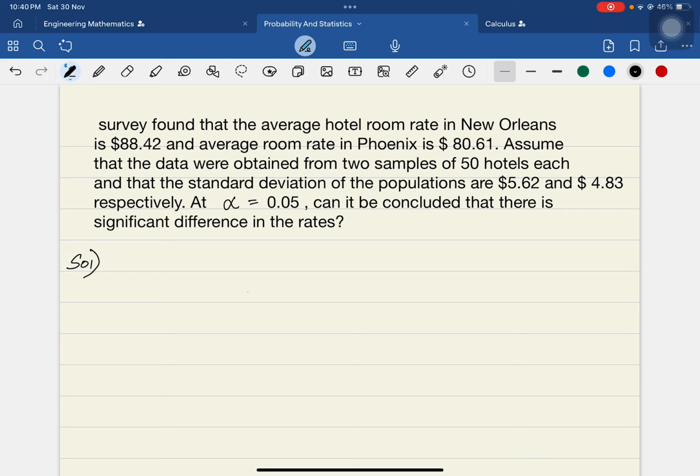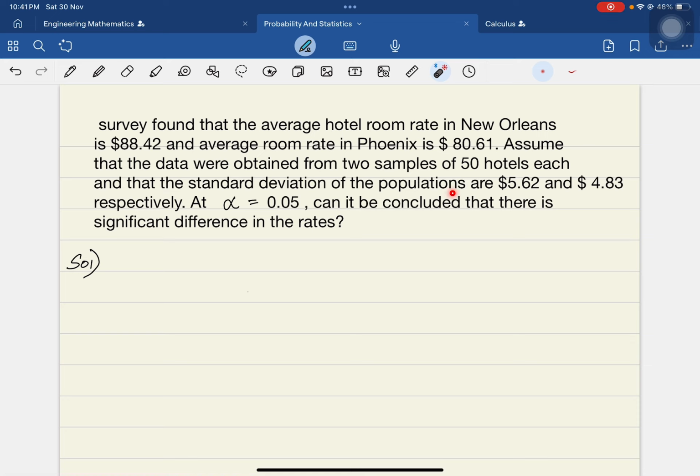A survey found that the average hotel room rate in New Orleans is $88.42, and the average room rate in Phoenix is $80.61. So x1 bar and x2 bar are given. Assume that the data were obtained from two samples of 50 hotels each, so n1 is 50 and n2 is 50.